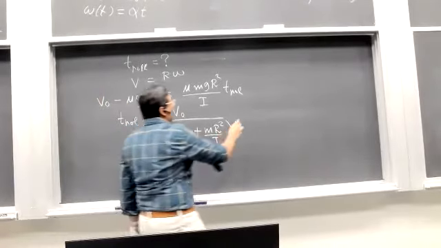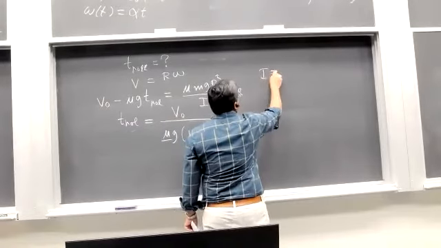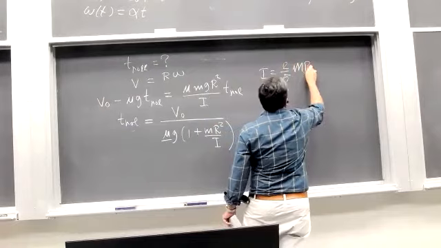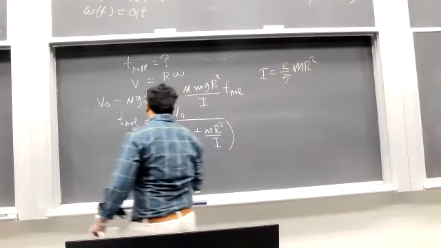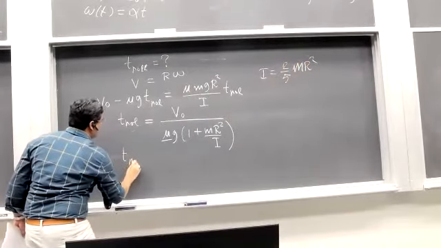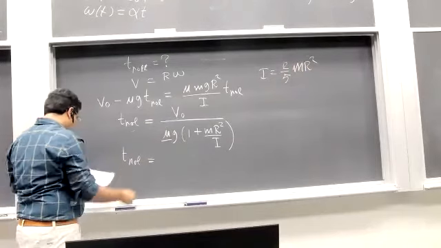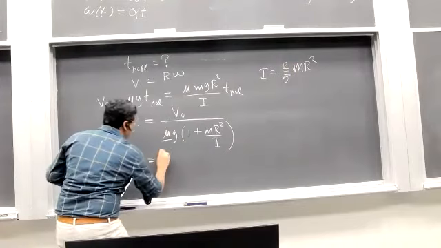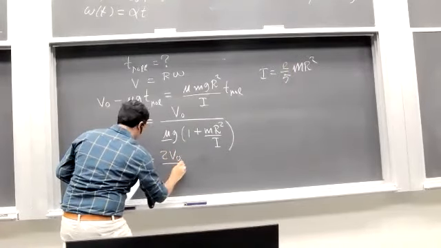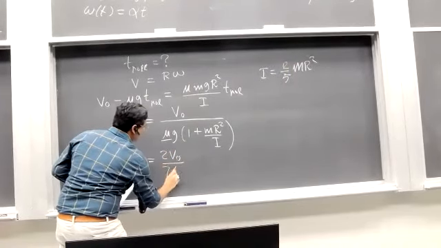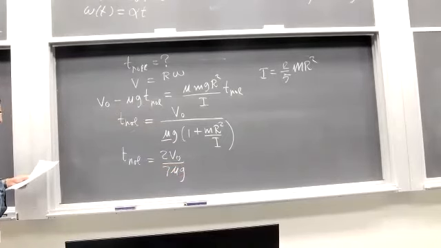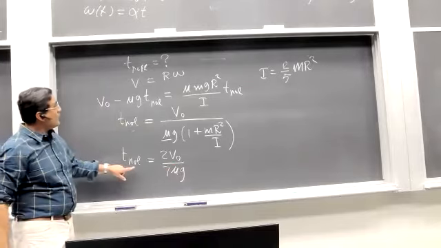So let's say that we are doing it for a sphere whose moment of inertia is 2 by 5 m r squared. If you simplify by introducing those values, what you get is t roll equals 2 v naught over 7 mu g. All right, now we have calculated T roll.